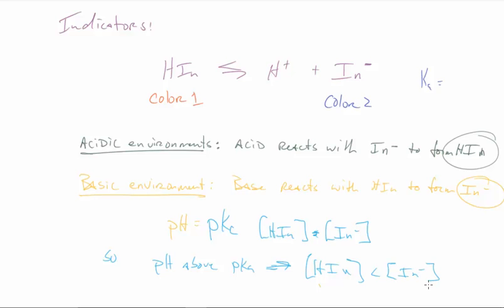And that should make sense to you, right? Because of what we just said up here. If my pH is above my pKa, it's essentially a basic environment relative to the indicator's pKa. And so I would have a predominance of In minus, and therefore a solution that is the color of In minus.